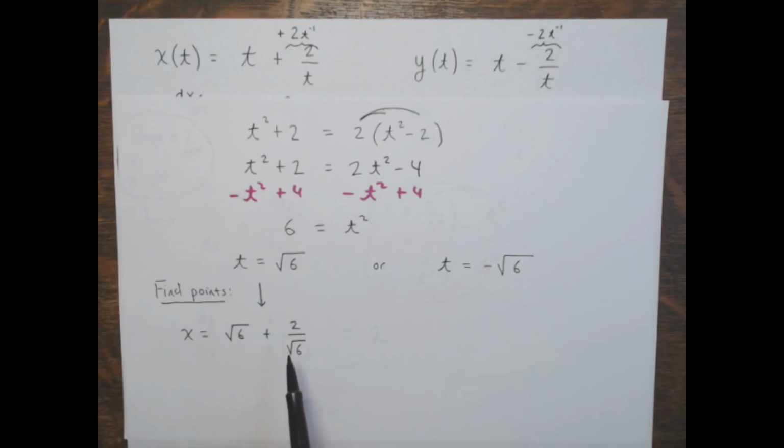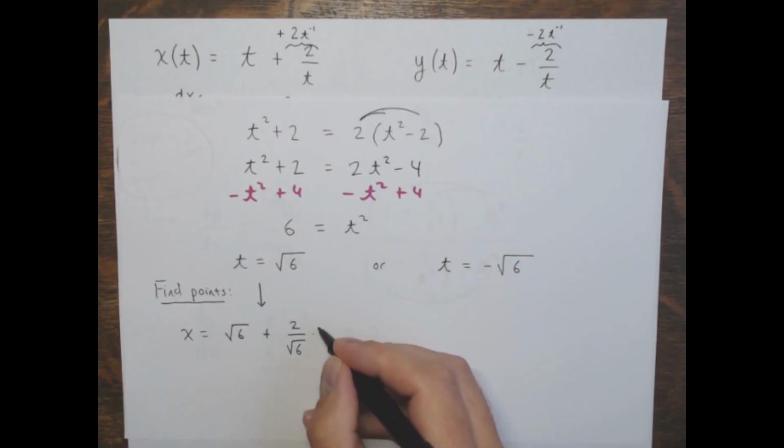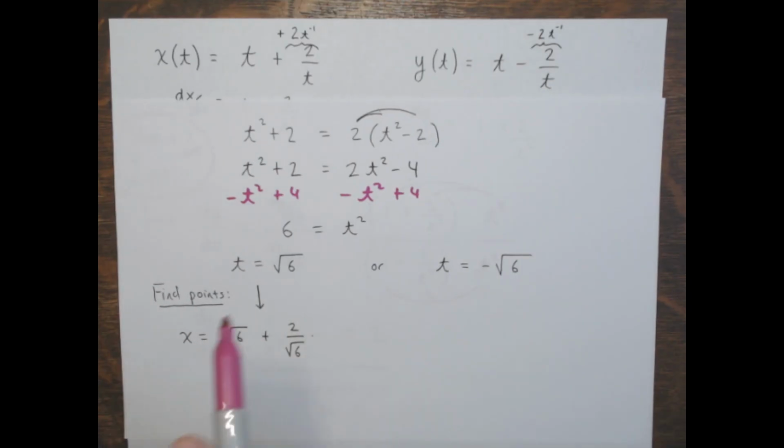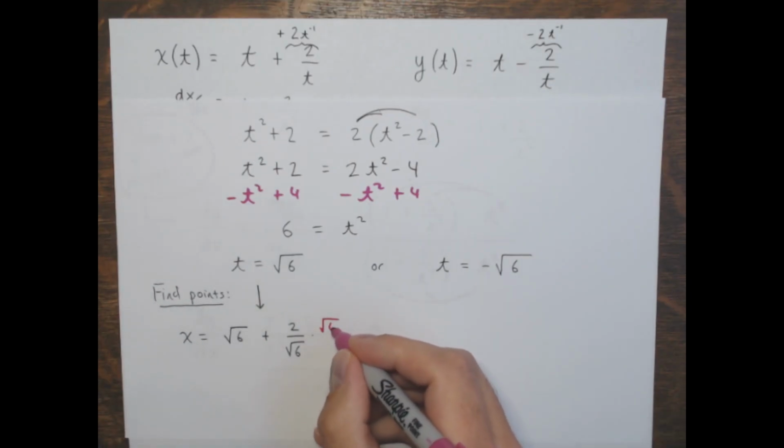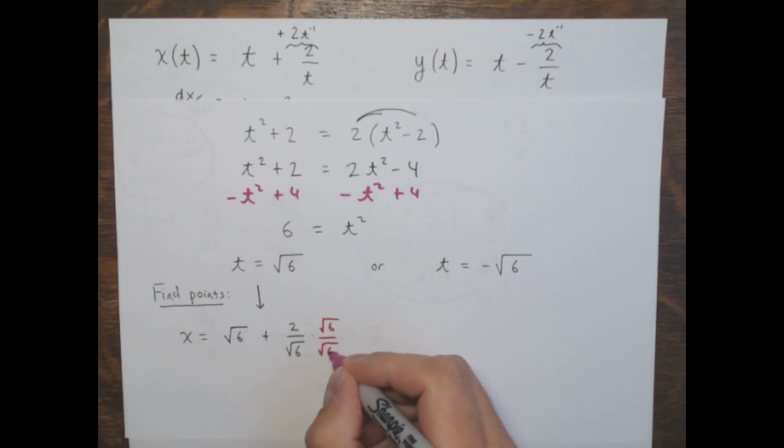Now this is all well and good, perfectly fine in my opinion. But I'm looking at the answer form they have at Knewton Alta here, and it looks like they don't like having radicals in denominators. So I'm going to rationalize the denominator here, multiply this 2 over the square root of 6 by square root of 6 over square root of 6.